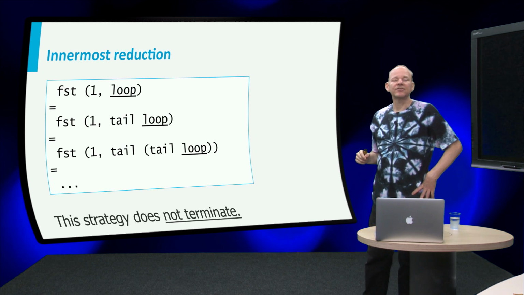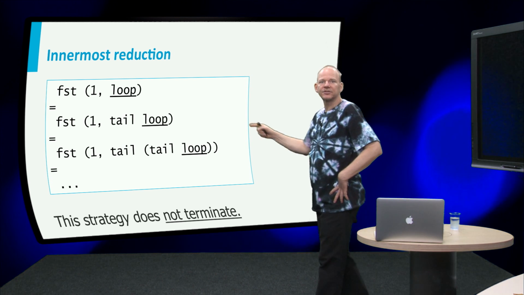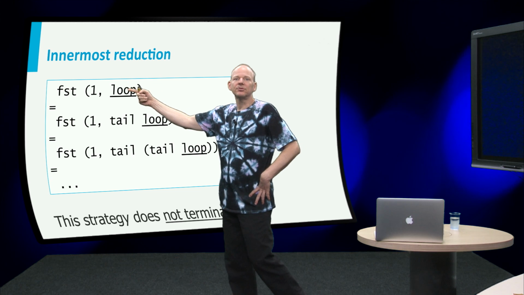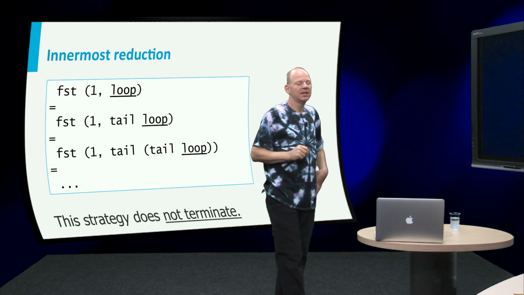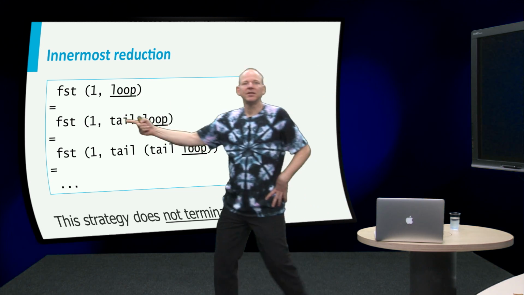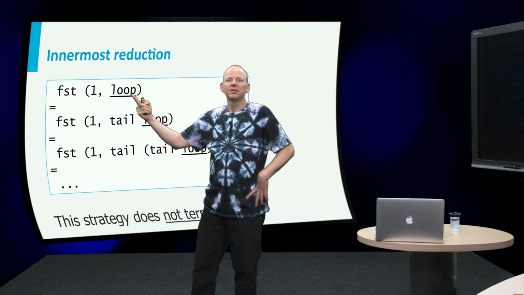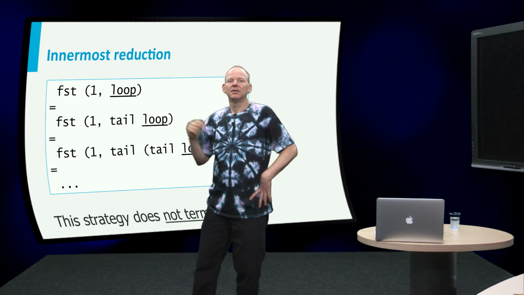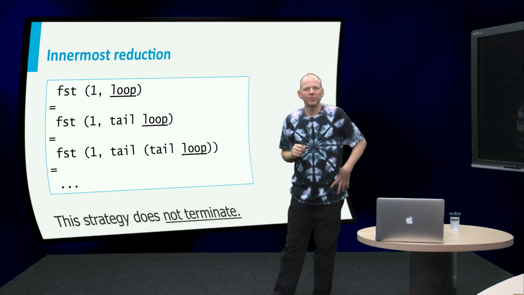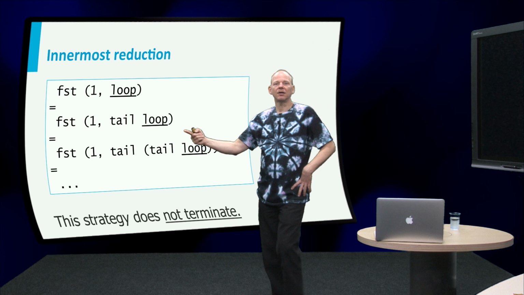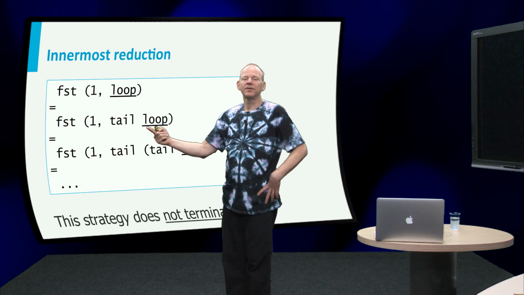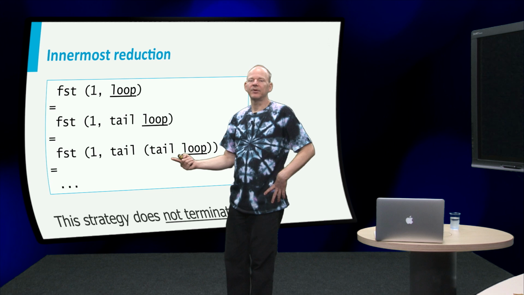But let's look at this. The innermost reduction takes the innermost reducible expression and reduces that. So in this expression here, the innermost reducible expression is loop. So we expand loop into tail of loop. Now loop is again the innermost expression, and then we execute this.